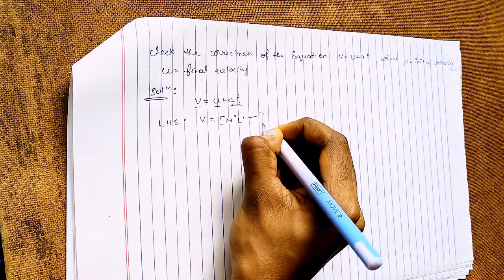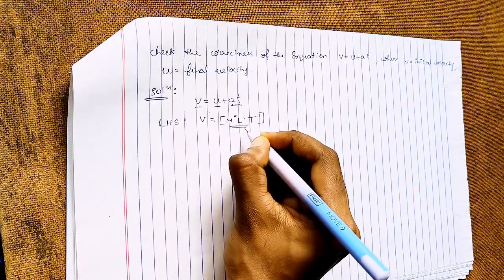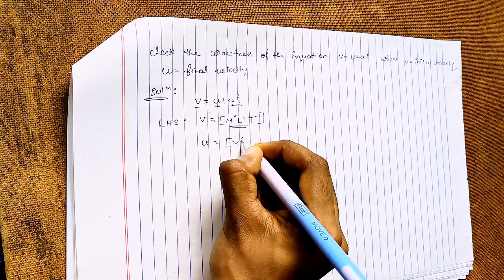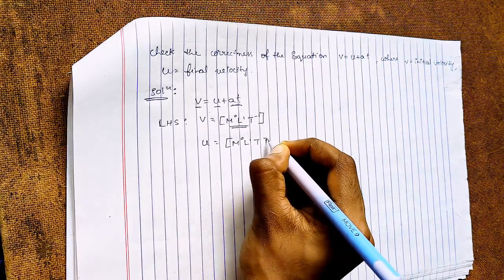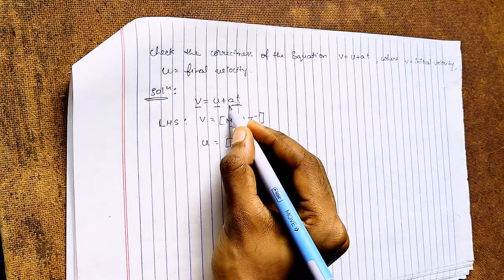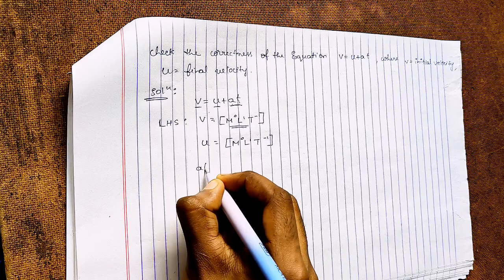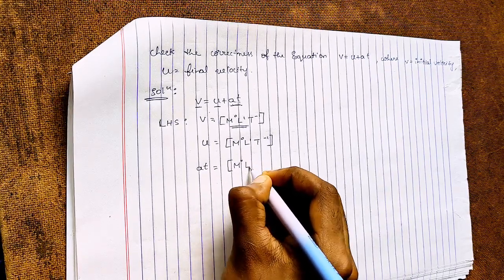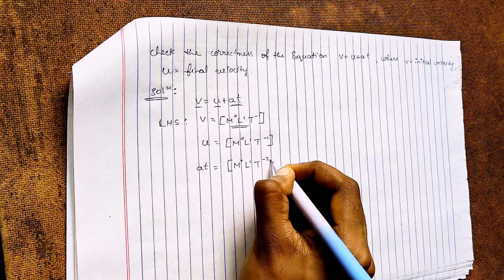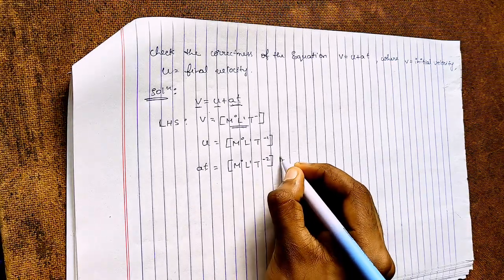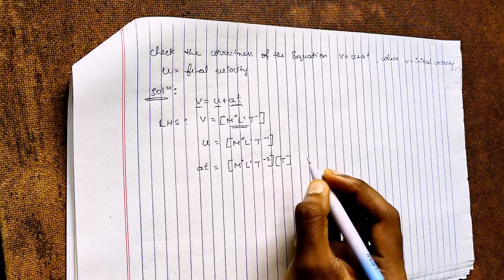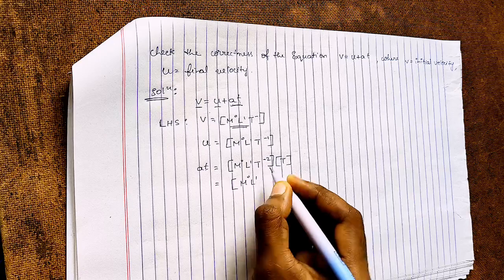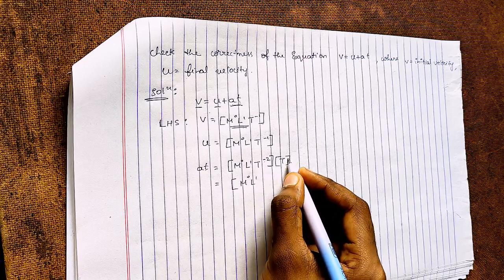First for the left hand side, velocity v, we know that the dimensional formula of velocity is M^0 L^1 T^-1, as well as u, the final velocity, which is also a velocity, so the same dimensional formula M^0 L^1 T^-1. Next we have at. At means acceleration into time. So I'll write the dimensional formula for acceleration as M^0 L^1 T^-2 into the dimensional formula for time, which is T. Now M to the power 0, L to the power 1 and T to the power minus 2 plus 1.